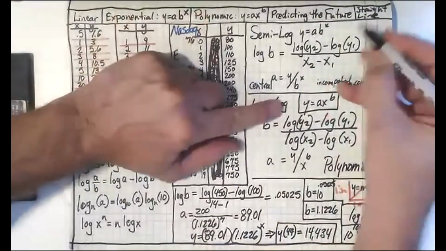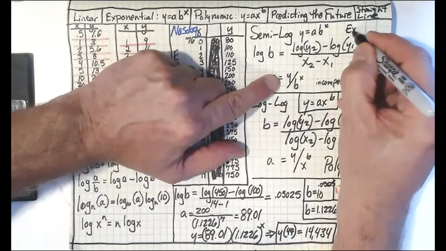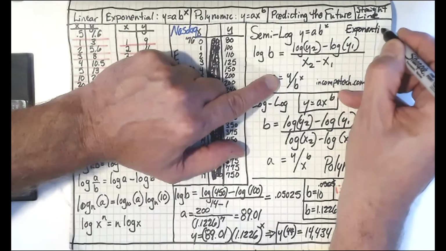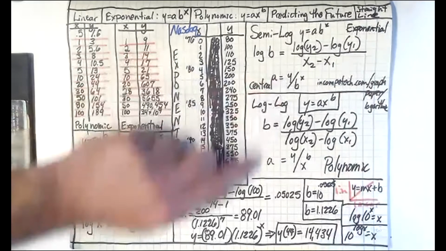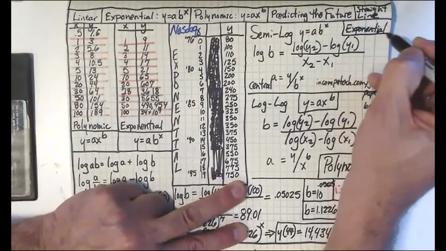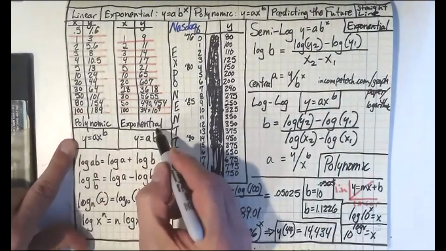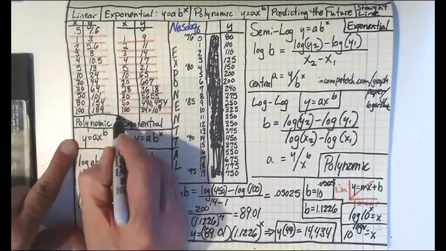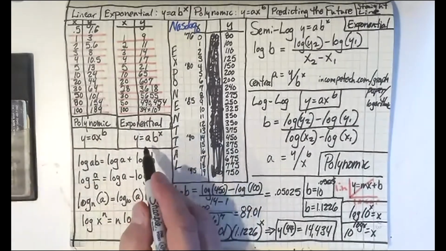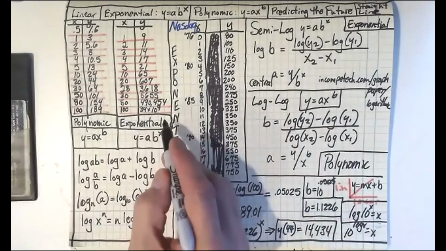And this is for exponential, like we did in the example I just gave you. So this is for polynomic. This is for exponential. I've written polynomic and exponential over here in the two data sets that you have to plot out. You have to plot those out, and you have to give me an equation.